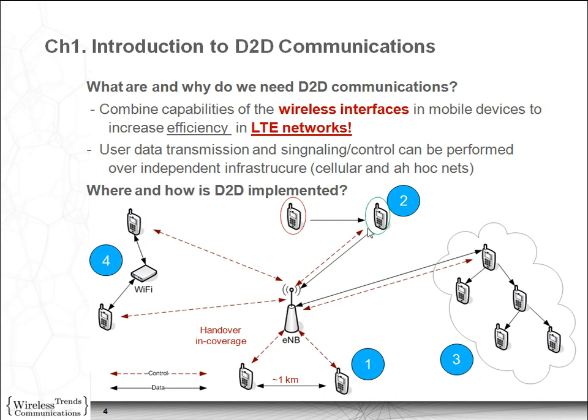A third application that is also described in the book is when we have different devices and all of them will receive similar content, or they want to access similar content from the base station. Or let's say, for example, we are in a stadium and the base station wants to deliver some video or some advertisement.